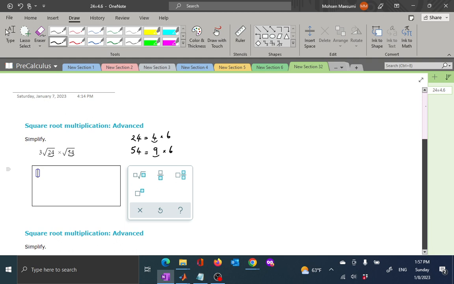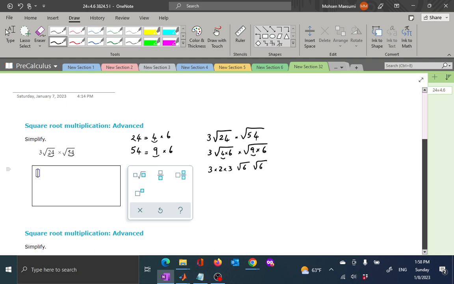So what happens here, I have 3 square root of 24 times square root of 54. This is 3 square root of 4 times 6 times square root of 9 times 6. So 4 comes out, so becomes 2. 9 also comes out and becomes 3. And we are left with square root 6 and square root of 6.